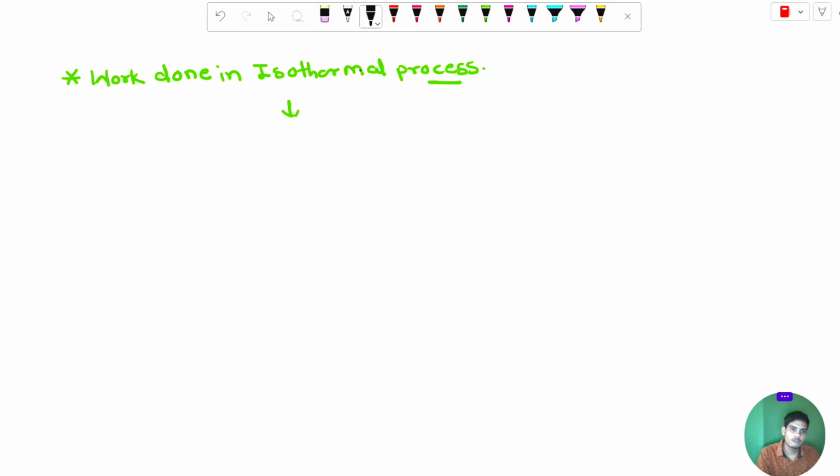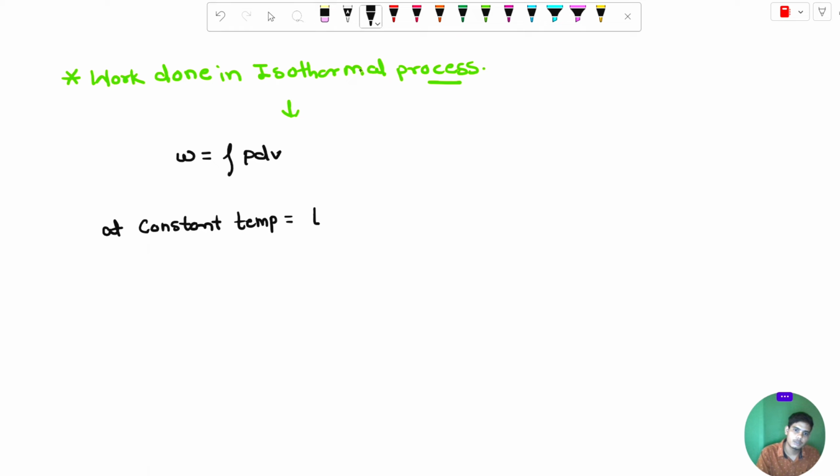The definition of work done is W is equal to integration of P dV. We are considering the isothermal process, so at constant temperature, the change in temperature should be zero.